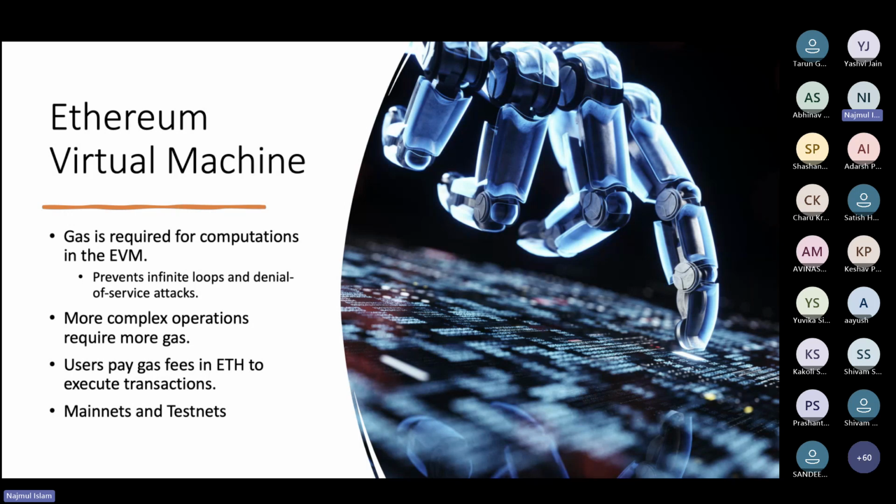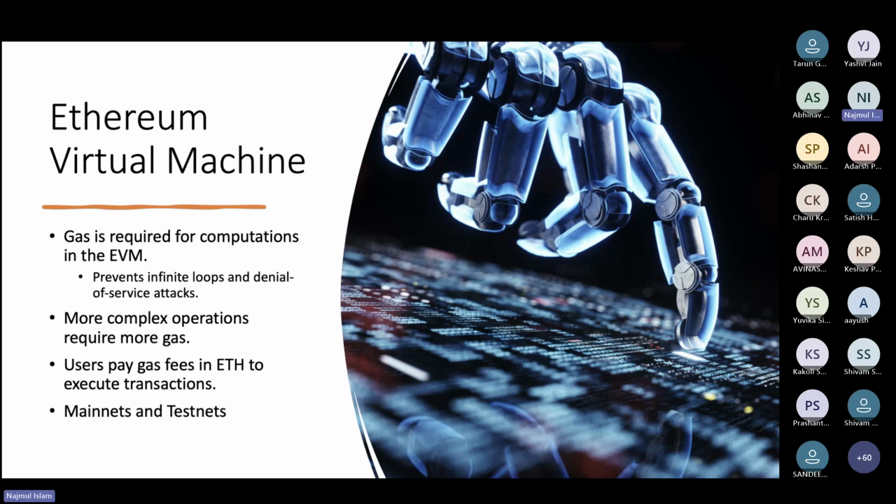You cannot test it there because it costs money, it costs Ether. So basically, you need to use test nets. In the test nets, you test your smart contracts. Once you have tested it and you are sure that it works with no problem, only then you pay and deploy it to the mainnet.